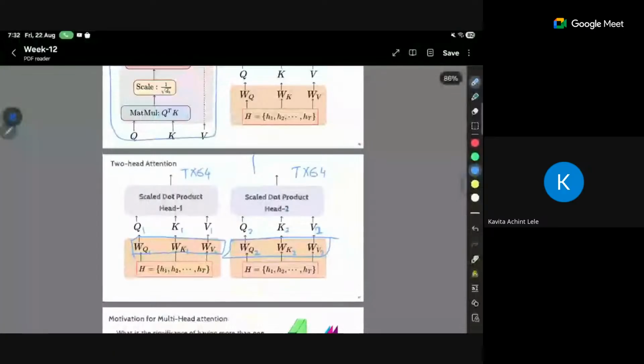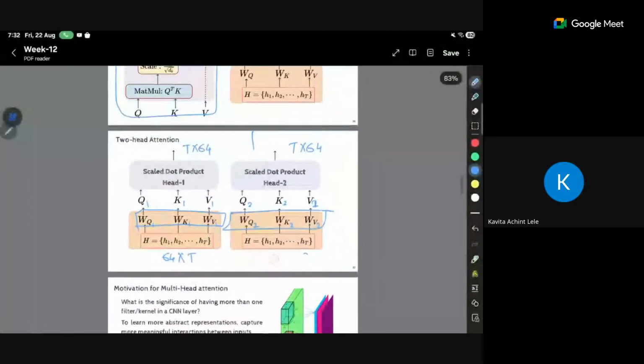And my initial dimension was 64, here it was 64 cross t, and here also it was 64. It's the same thing I gave, or the same h is going there, right? So only one 64 cross t I took, but my embedding dimension got doubled, right?